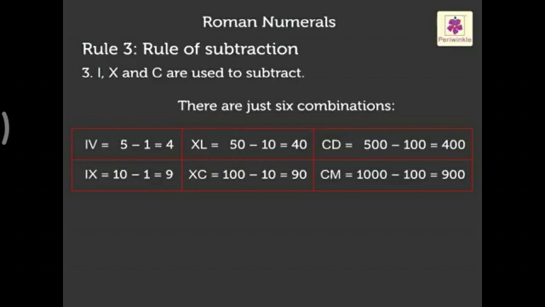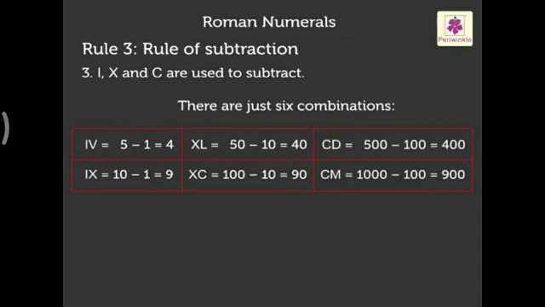Next, rule of subtraction step 3. I, X and C are used to subtract. IV equals 5 minus 1 equals 4. IX equals 10 minus 1 equals 9. XL equals 50 minus 10 equals 40.